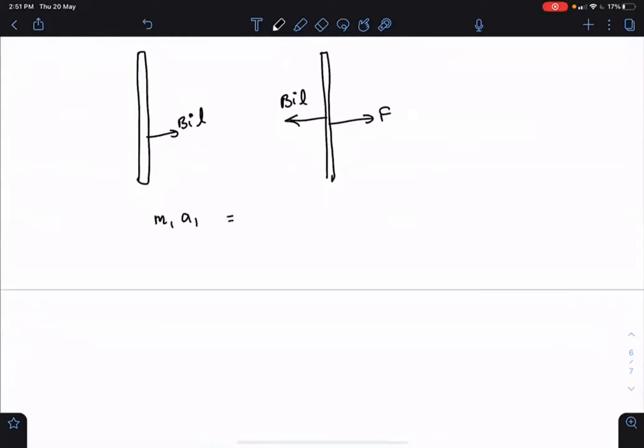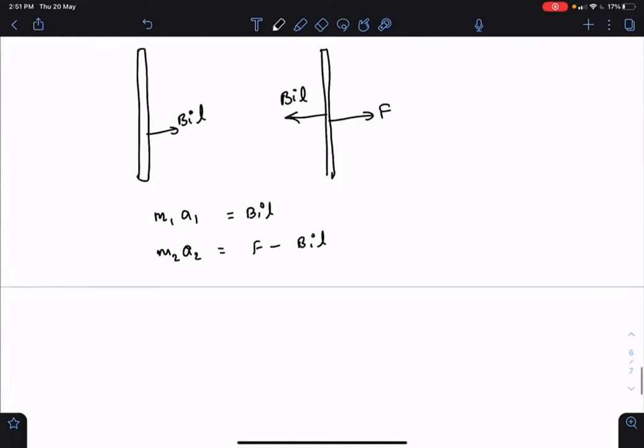So M1 A1 is equal to BIL, M2 A2 is F minus BIL. And then BL into V2 minus V1 is the net EMF. Net EMF divided by resistance is equal to current.